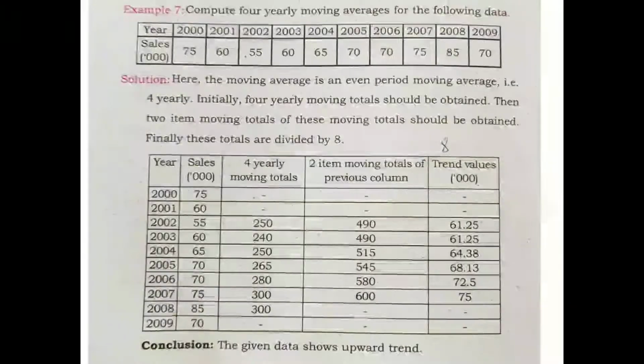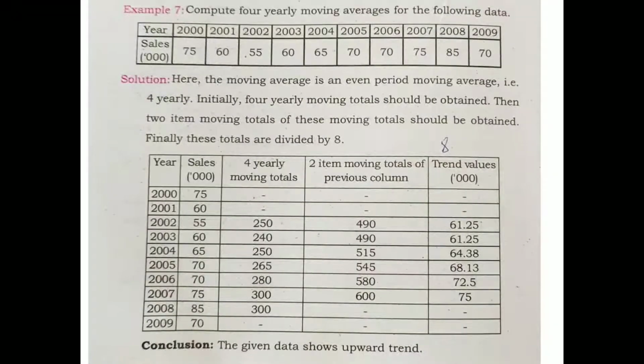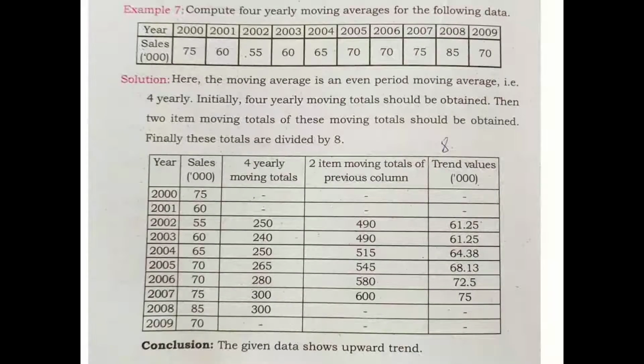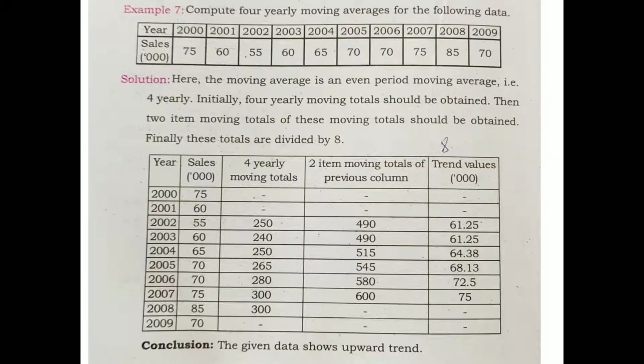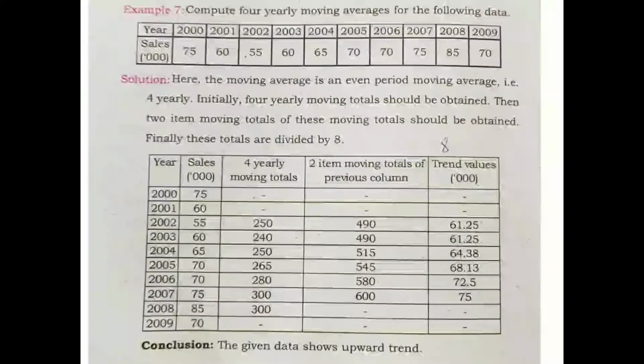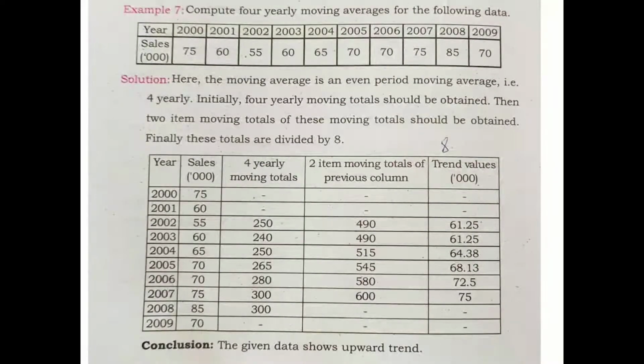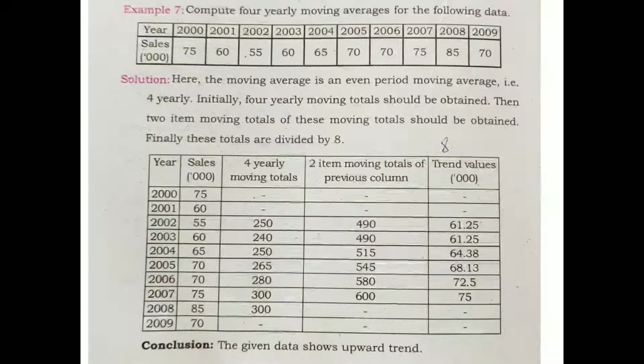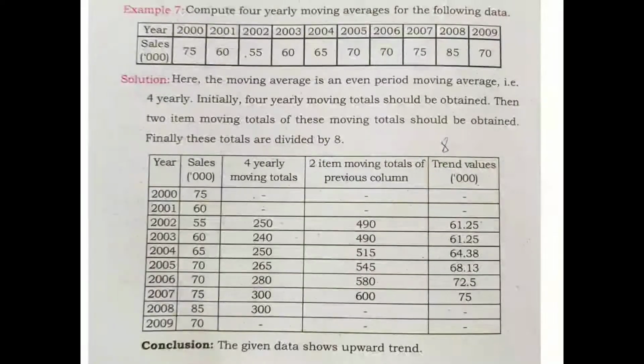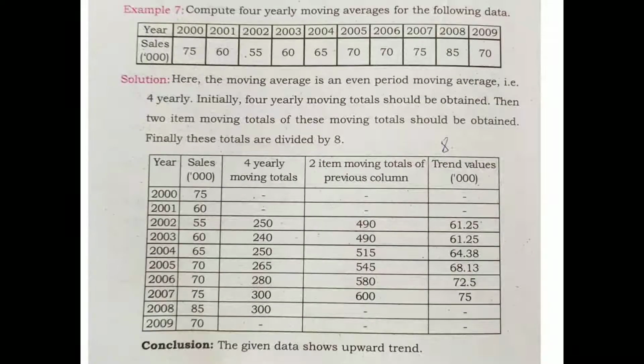Here the moving average is an even period moving average, that is 4 yearly. Initially 4 yearly moving totals should be obtained. Then 2 item moving totals of these moving totals should be obtained. Finally these totals are divided by 8. So be careful: first you calculate the 4 yearly moving totals, then the 2 yearly moving totals.